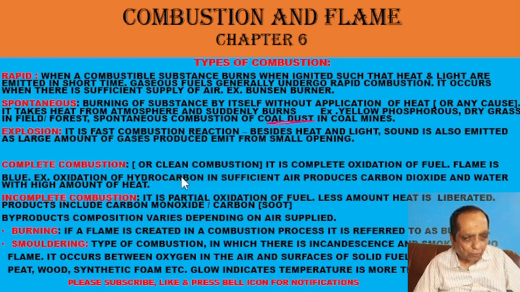The byproducts of this incomplete combustion would be carbon dioxide and water, but also carbon monoxide, and sometimes some carbon soot is also left, meaning it has not got oxygen to get converted to carbon monoxide and carbon dioxide. So in incomplete combustion, the byproducts are carbon monoxide and carbon also. We will see in detail the differences between these two in the next slide.